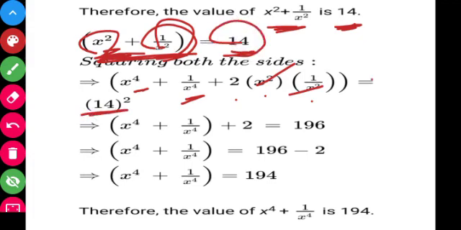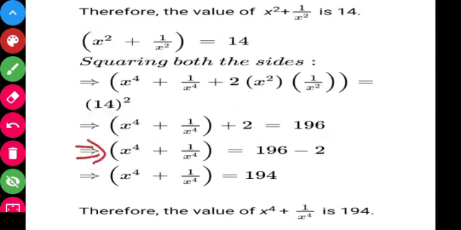So this implies x to the power 4 plus 1 upon x to the power 4 plus 2 is equal to 14 square. 14 square is 196. So this implies x to the power 4 plus 1 upon x to the power 4 is equal to 196 minus 2.